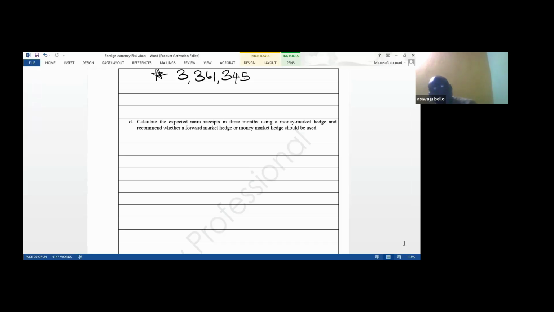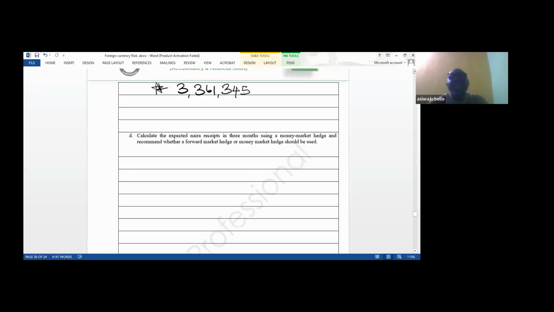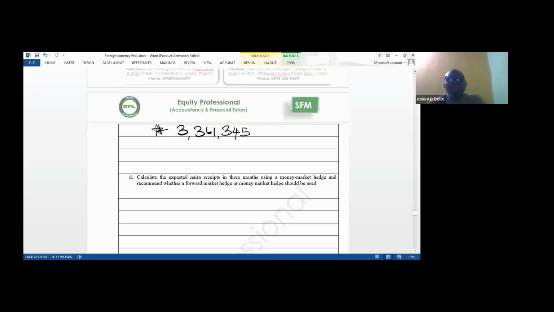This question is focused on the 3-month transaction. We have used forward market hedging for the 3 months. The Naira receipt will be 3,361,345.